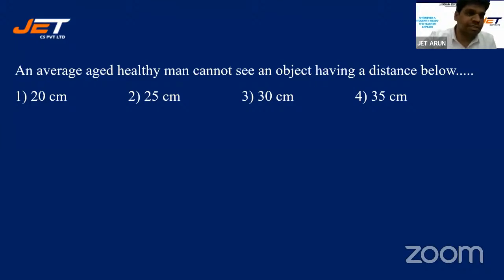Let me look at the wrong answers. Any wrong answer? Yes. Let's look at the key. 25 centimeters is right, students. Dikshita, Gayatri, Shalini, Rajamalika, Pranati, Rahul, Akhilesh, no, not Akhilesh, Taruni. All right, let's look at the next one.